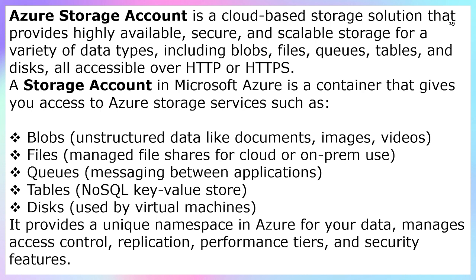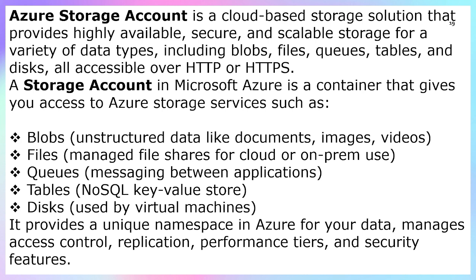In this slide, you can see the first is blob storage, then file storage, queue storage, table storage, and disk storage. Blob storage is used if you want to store unstructured data. What is unstructured data? Unstructured data means documents, images, and videos, for which we can use blob storage.